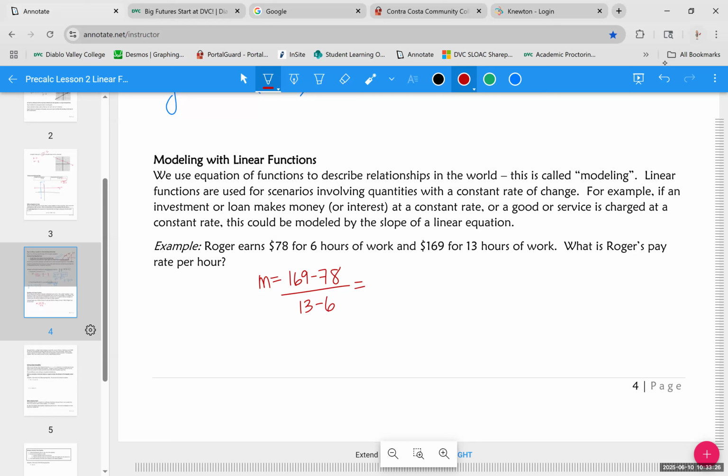I'm going to do 169 minus 78, which is 91, pulling out my trusty calculator over here. And then, of course, 13 minus 6 is 7, and 91 divided by 7 is 13. So $13 per hour. And if I did a quick check, 78 divided by 6 is 13, and I'm pretty sure 169 divided by 13 is also 13. So you could have gotten that answer a variety of different ways.